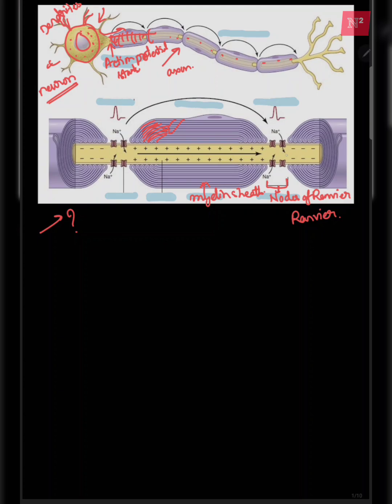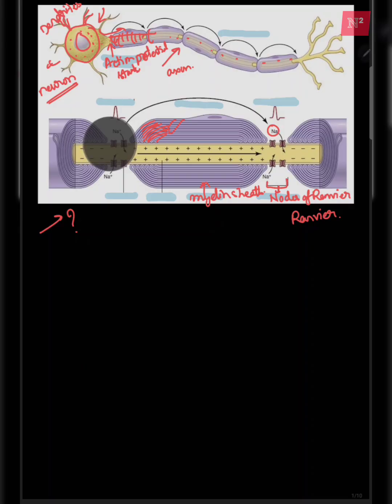So inside this Ranvier, you can see there are some channels which are helping some ions to pass through. For example, in the nerve, the sodium ions are being transported from outside to inside. Okay, since the most common cation in the extracellular fluid is sodium, it's been shown over here.